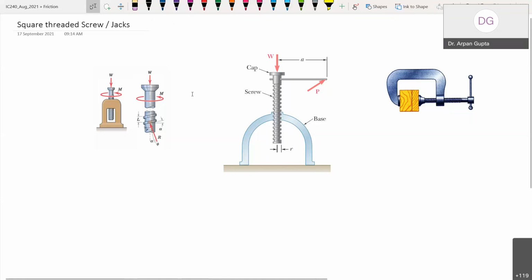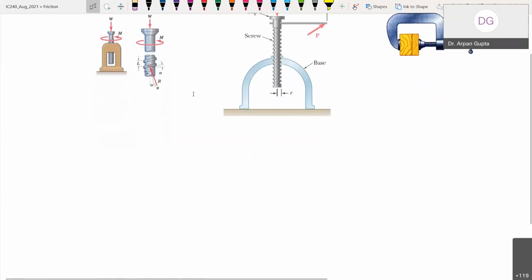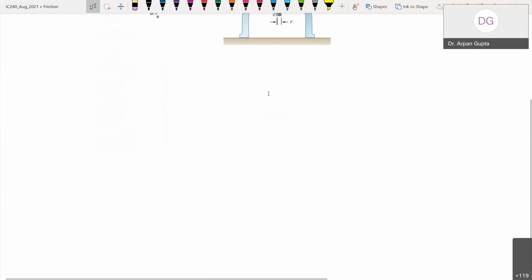Now, to do this analysis, let me redraw this diagram so that we can understand this.